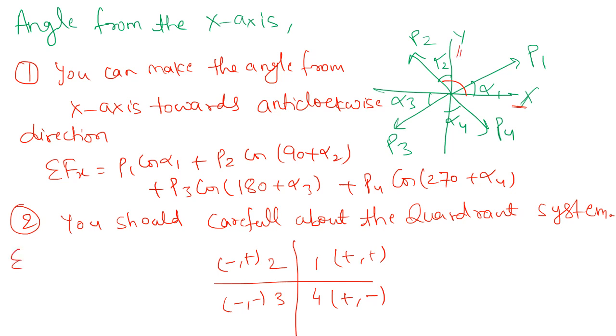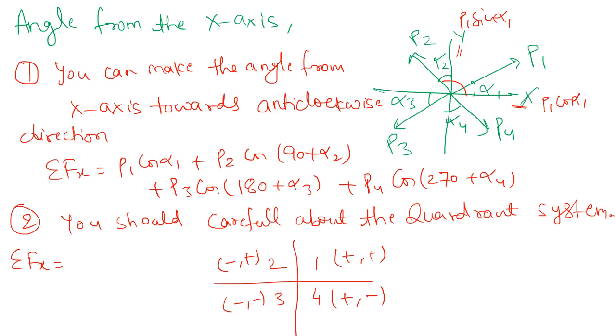Sigma Fx is equal to, so here this is along the first quadrant, so both quantities are positive, so here you get P1 cos alpha 1 and here you get P1 sin alpha 1. Now I can put another color for P2 because otherwise you can get confused. So we put green for P2.